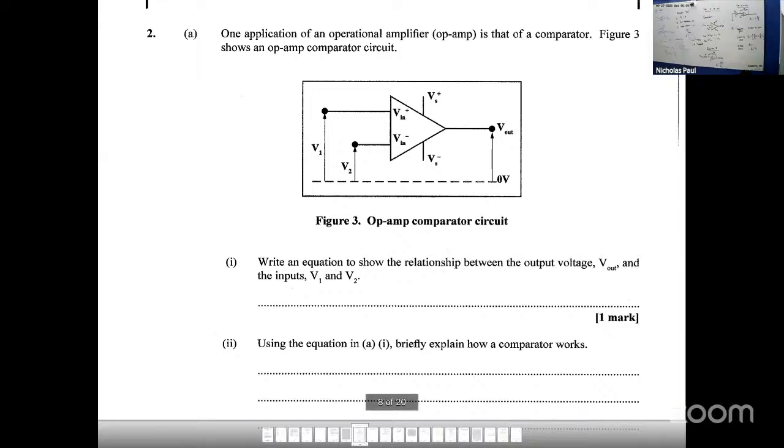Writing it is the structure mark, and that's your method.